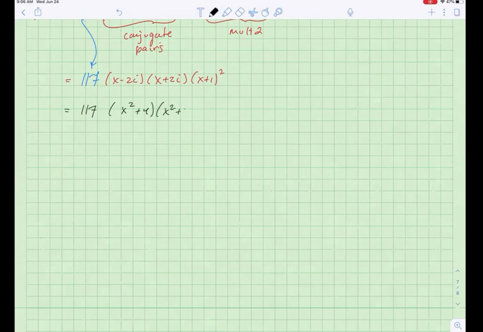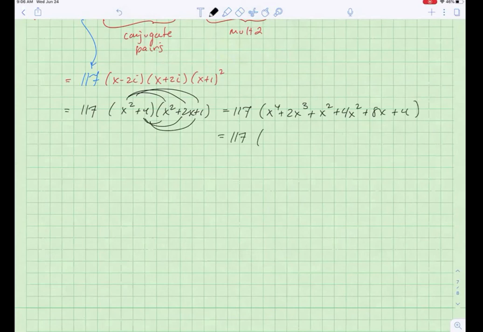And this is x squared plus 2x plus 1, which is 117 times x to the 4th plus 2x cubed plus x squared plus 4x squared plus 8x plus 4, which is 117 times x to the 4th plus 2x cubed plus 5x squared plus 8x plus 4.